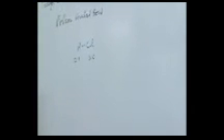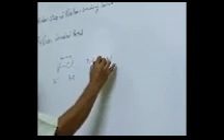Electronegativity of hydrogen is 2.1, that of chlorine is 3.0. So there is an electronegativity difference of 0.9. That's why the bond moment is directed in this direction. This is a very simple example of a polar compound, because there is only one covalent bond.